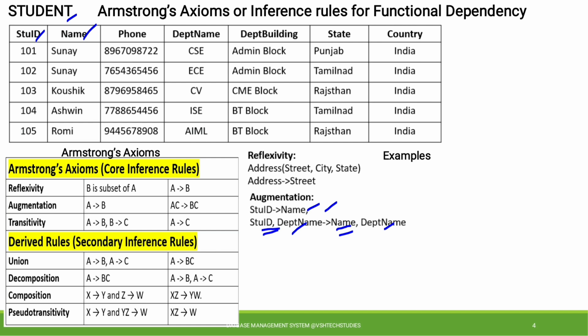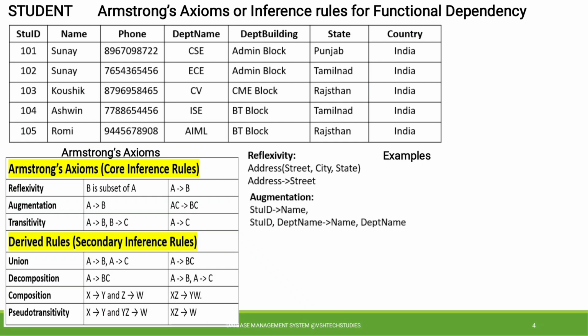That is what the augmentation rule states. If A determines B, then if you add a common attribute C on both sides, this functional dependency still holds good, it doesn't change. This is how, using the augmentation rule, we can obtain one more functional dependency from this functional dependency.